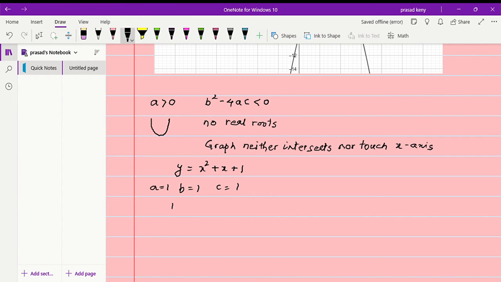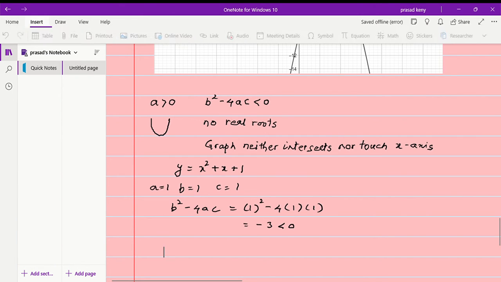So if you consider b square minus 4ac, that is the discriminant, it will be 1 square minus 4 into 1 into 1, which is negative 3, less than 0, which will mean that the roots are not real. So the graph will neither intersect nor touch the x-axis.